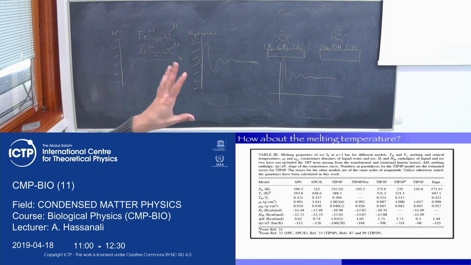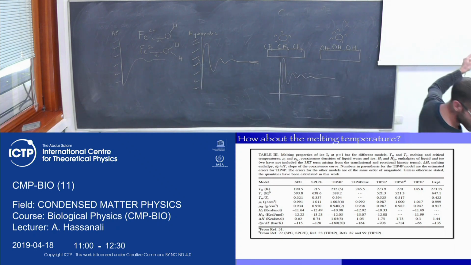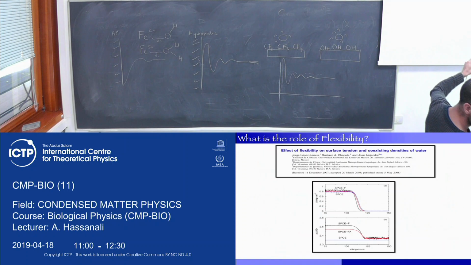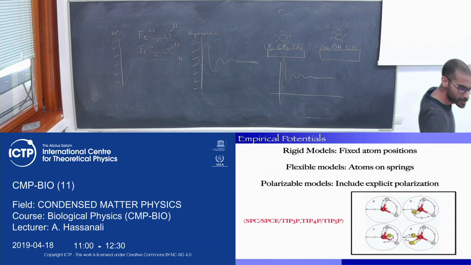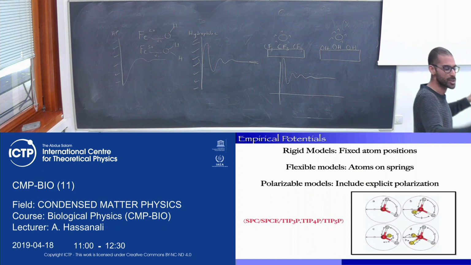And this is actually one of the reasons why there's now an explosion of people interested in machine learning and neural networks. Okay, because the idea is, I don't want to have a potential where I reparameterize all these things. I don't want to tune Q and bond length and sigma if I want to simulate something at this temperature and at this condition.